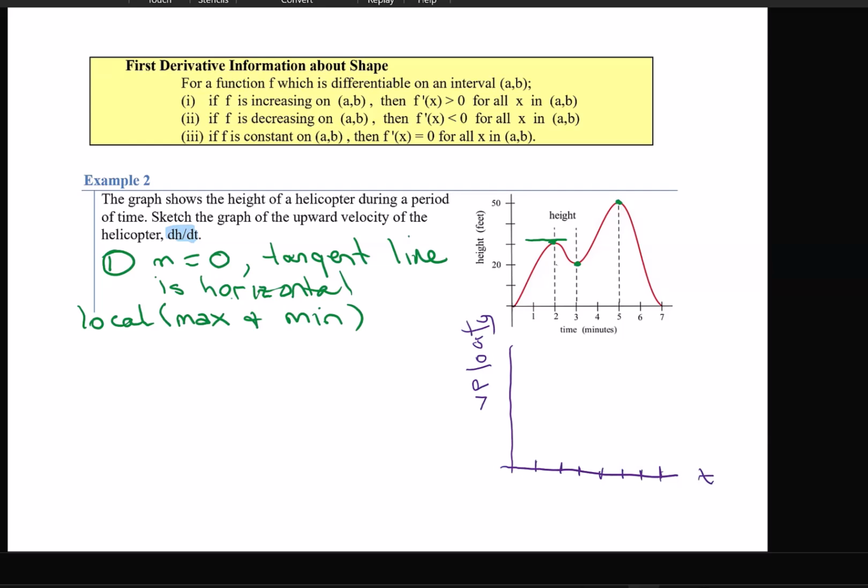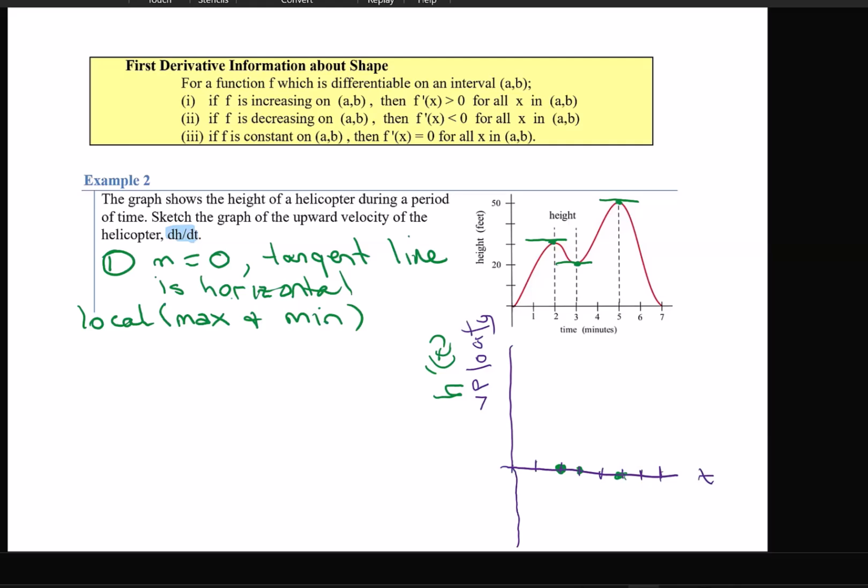My tangent line is horizontal, meaning the slope is 0, which means if I'm graphing the derivative, at 2 my derivative graph, or h prime of t, is 0. Also at 3, it's 0, and also at 5, it's 0. So I know my graph is going to go through those points.